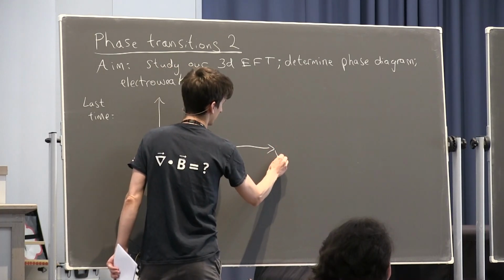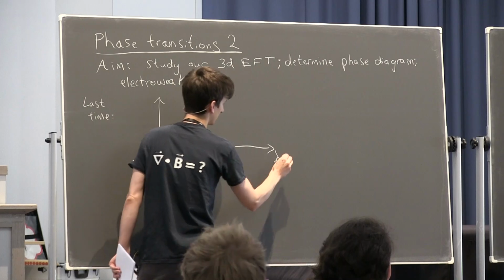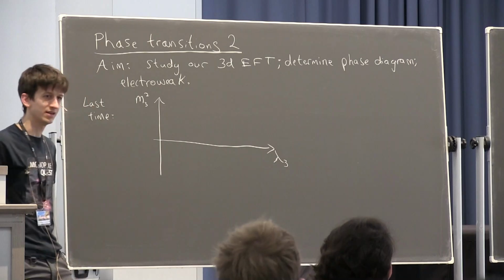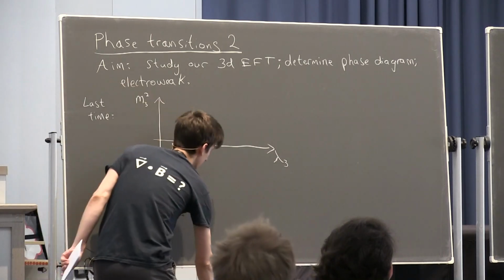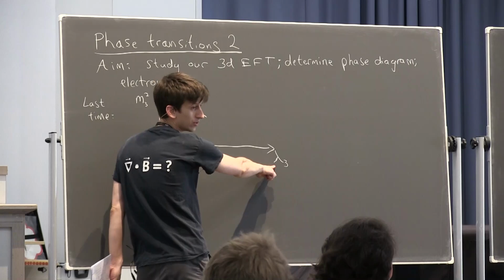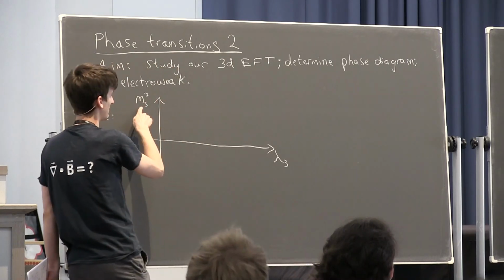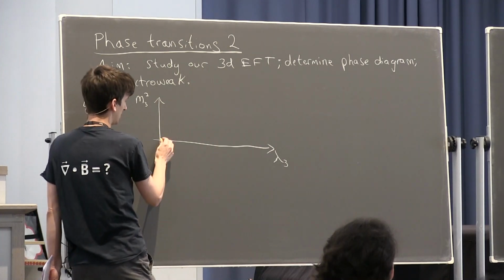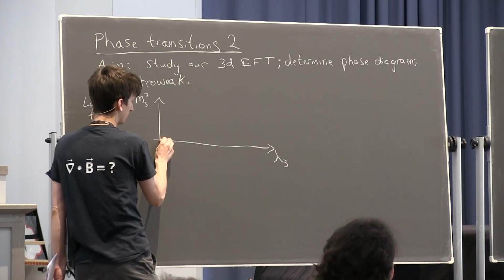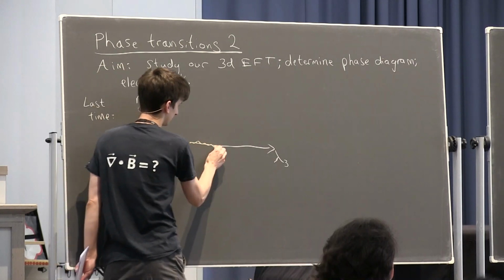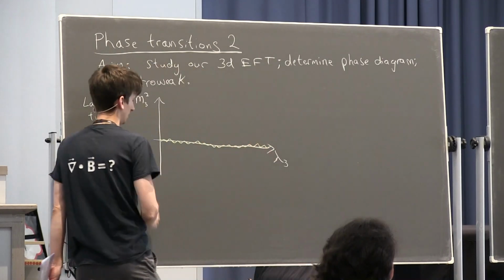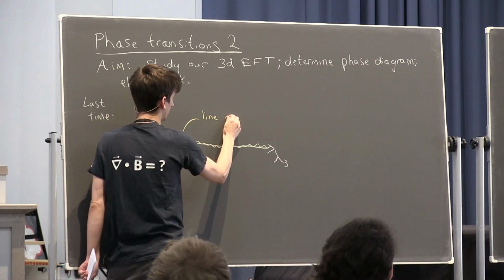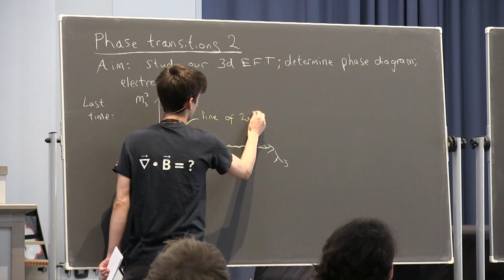So there were two parameters in the potential that turned up, and lambda 3, which was the coupling, stayed positive the whole time, and m3 squared went from positive to negative as the universe cooled, as the temperature decreased. And so we get a line of second order transitions.